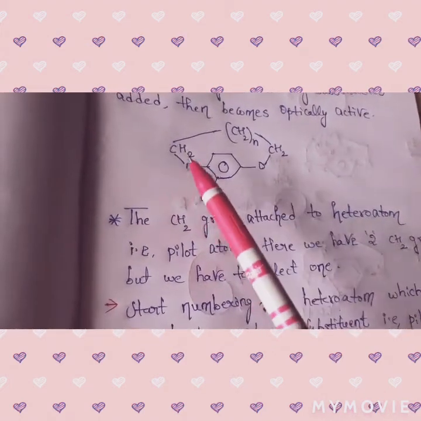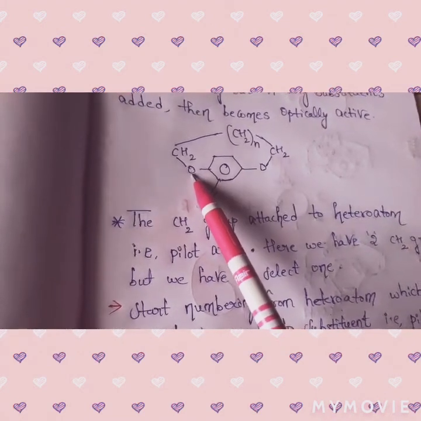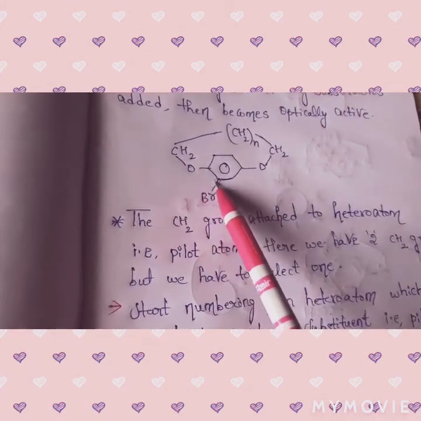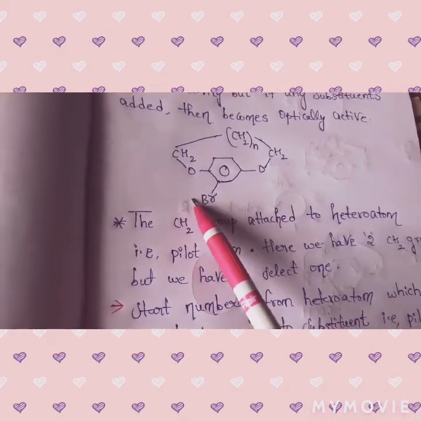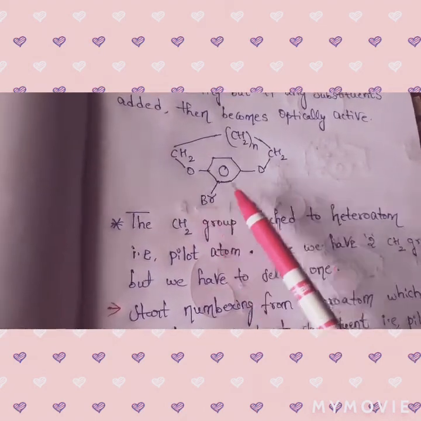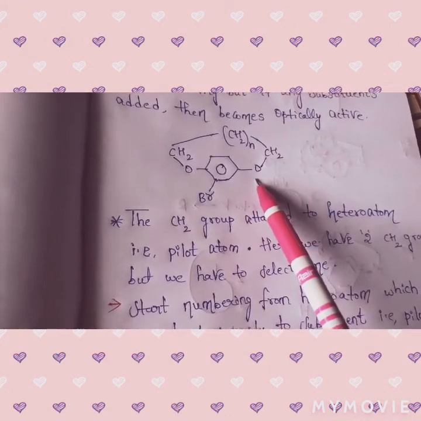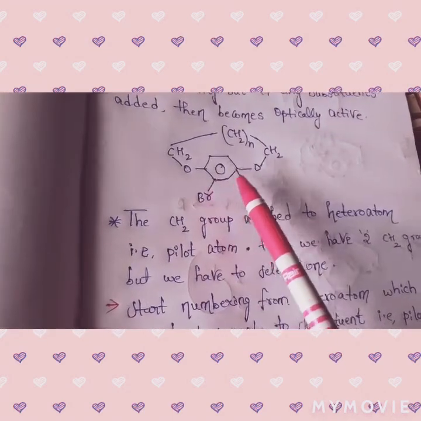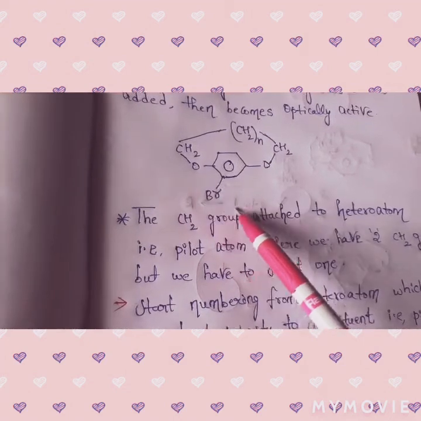For an example, this is the heteroatom and now I start giving numbering. 1, 2, 3: from this side the third carbon has this substituent. Let us give numbering from the other side, also from the heteroatom only. 1, 2, 3, 4: from this side the fourth carbon has the substituent.